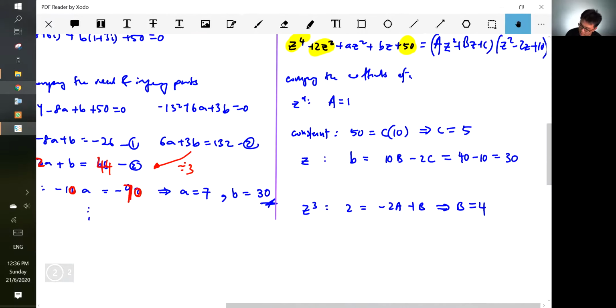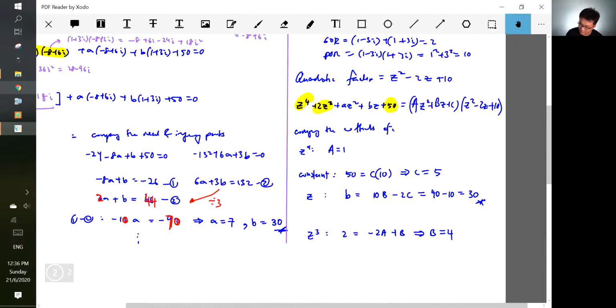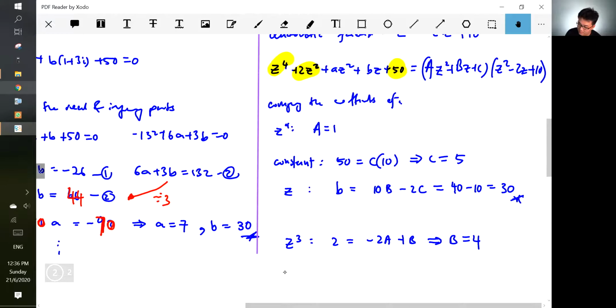Yeah, you see, so fast. Yep. Then after that, comparing z square. You have got a equals to 10a minus 2b, which is actually 10 minus 8, which is 2.